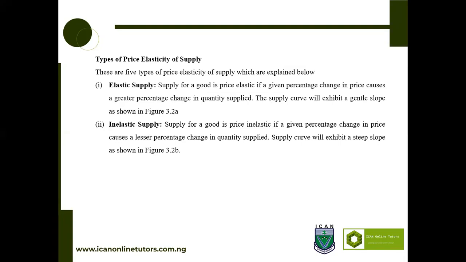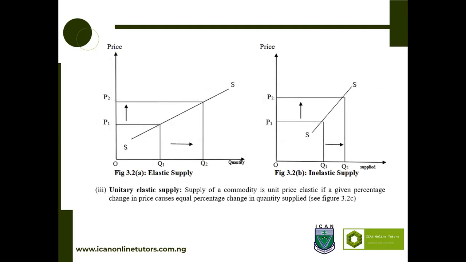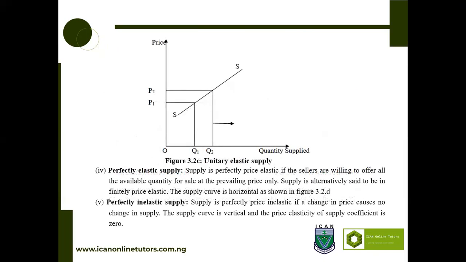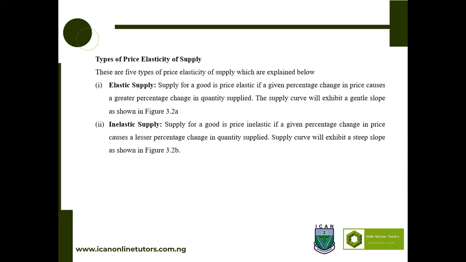We have the elastic supply, we have inelastic supply, unitary elastic supply, perfectly elastic supply, and perfectly inelastic supply. So let's take it one after the other. The elastic supply.